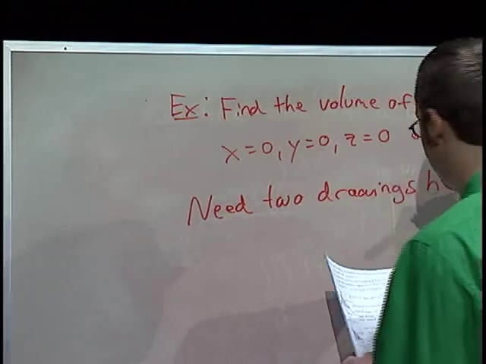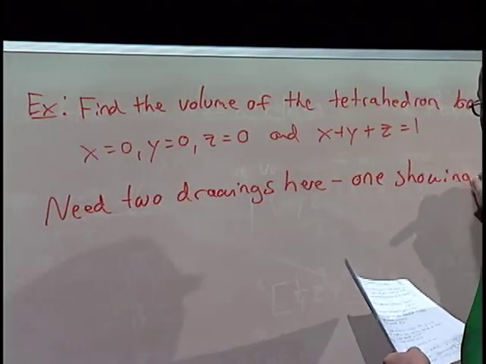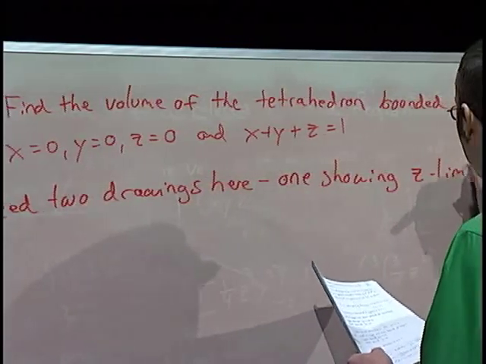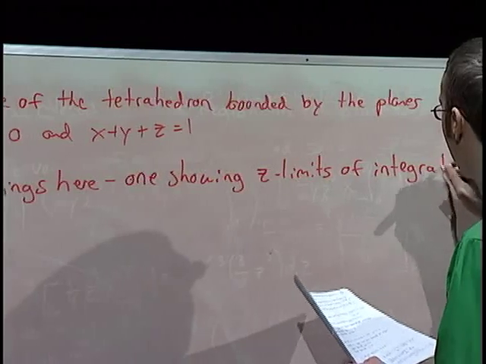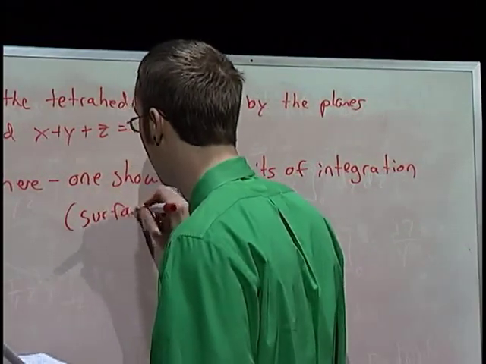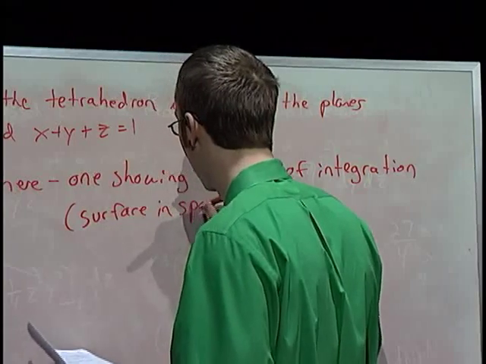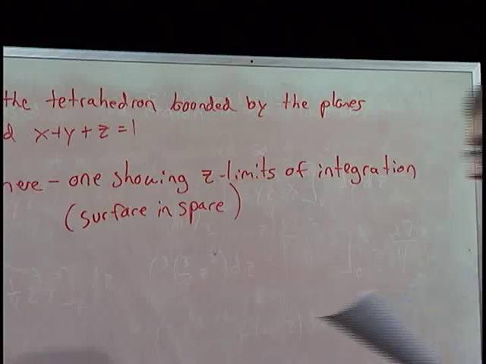We need 1 showing the z limits of integration, that is to say, a drawing of the surface in space.